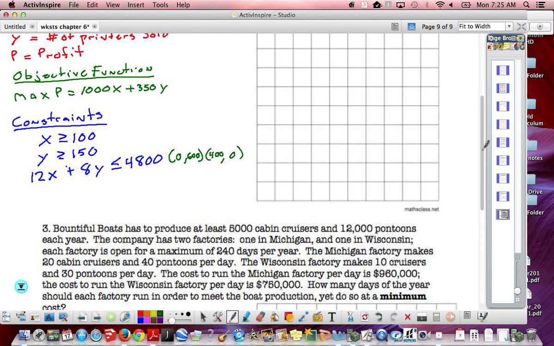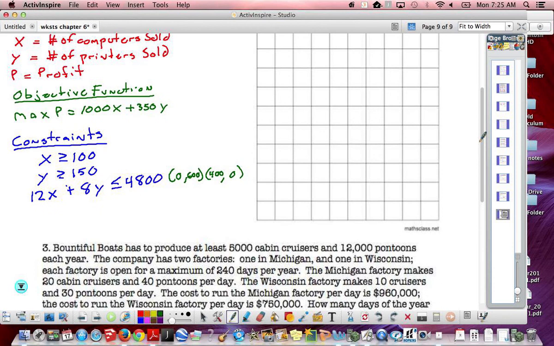So I think I'm still going to try to count by 100s here. Here's my computers, and here are my printers. If I scale this, let's go to brown here. 100, 200, 300, 400, 500, 600.